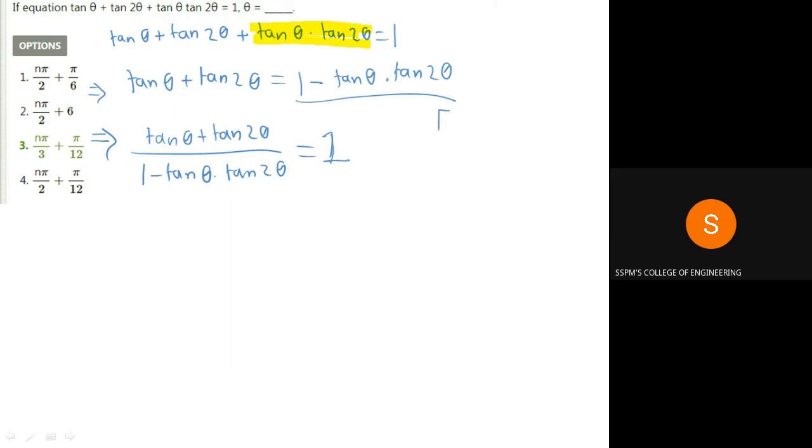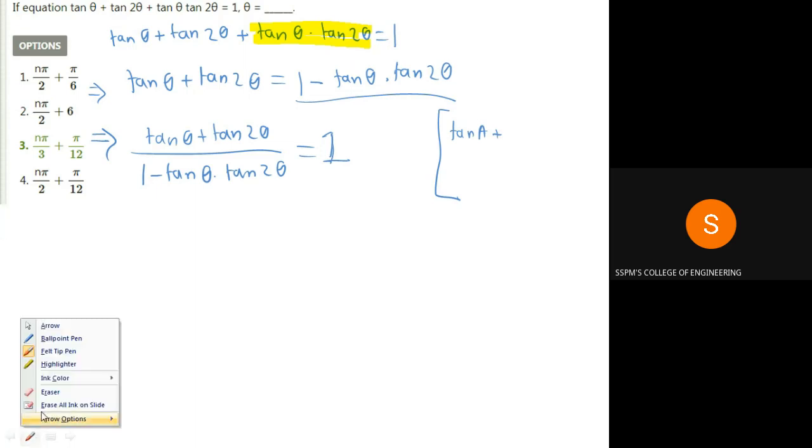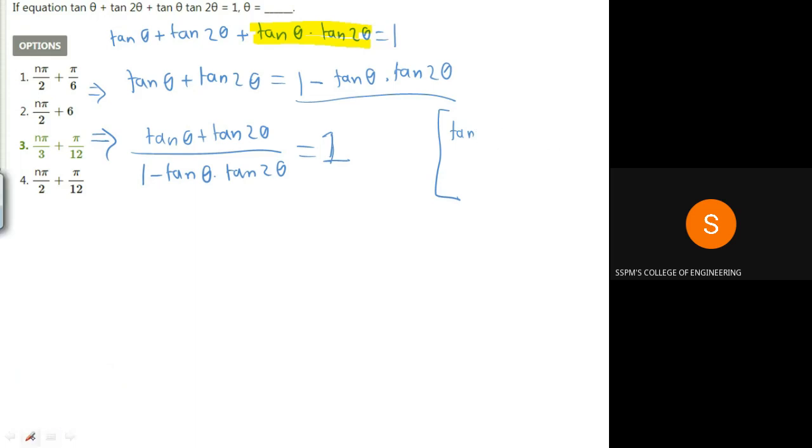So now you can see this. What does it look like? It looks like the standard formula for tan a plus b, isn't it? What is the formula for tan a plus b? It is tan a plus tan b divided by 1 minus tan a tan b.